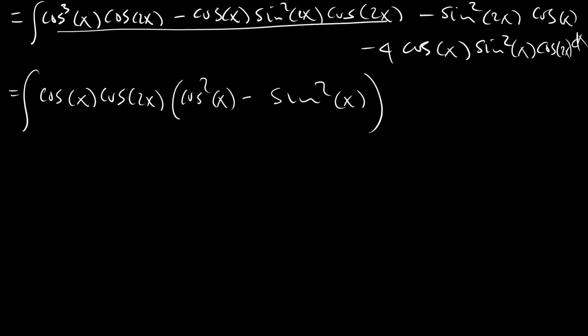And apologies, we might have made a small mistake here. There's no 2 there. So it's just sine squared of x. And then we have here, we can pull cosine of x out.